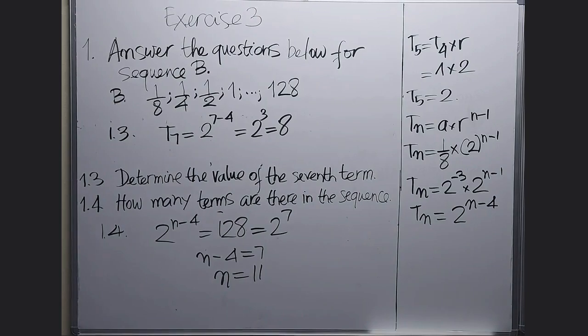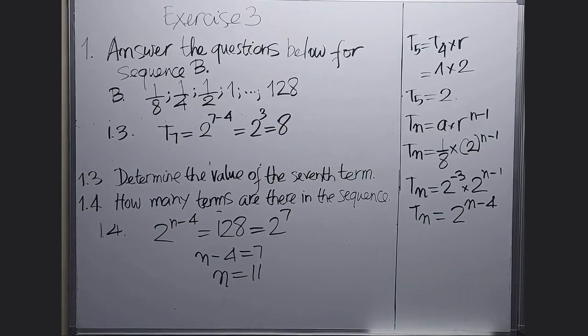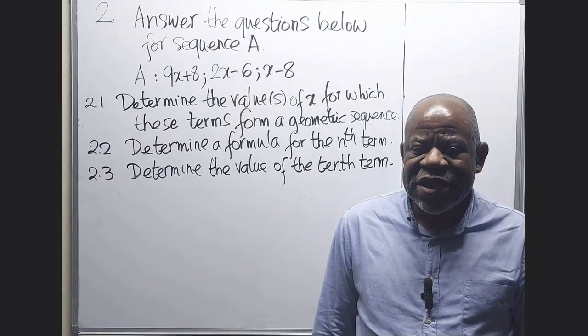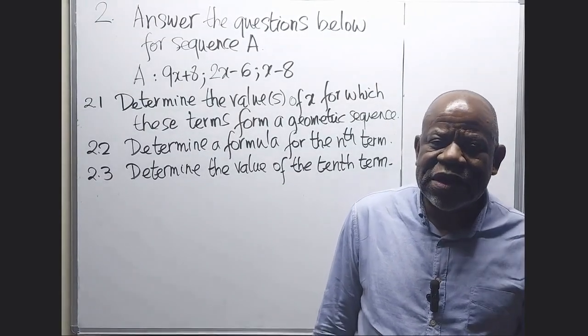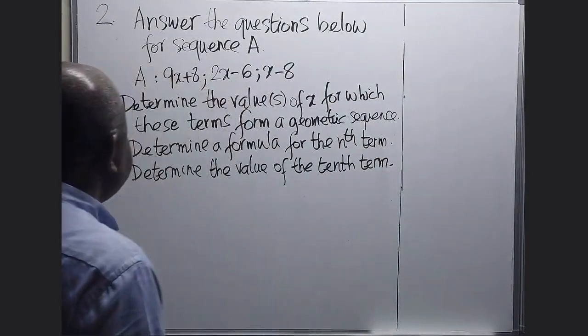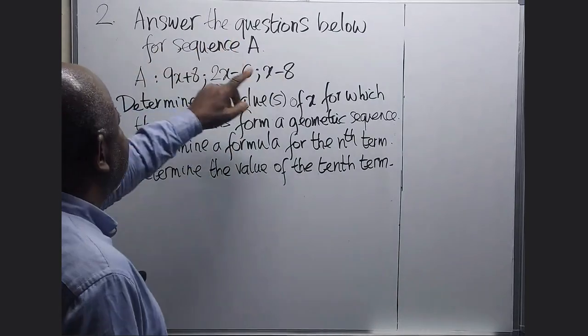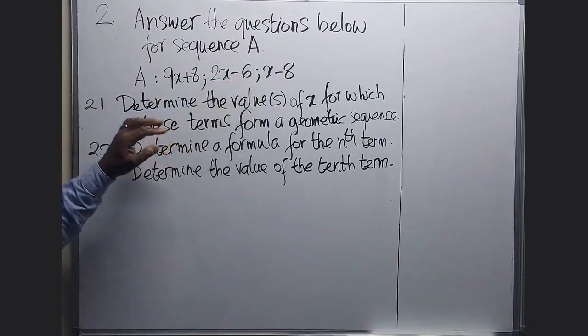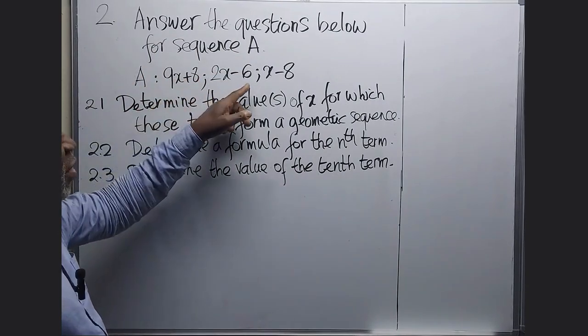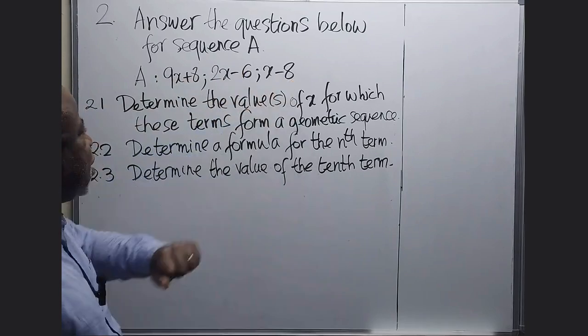exercise number 3. We're going to take another one, exercise 3, number 2. Here's the question. Answer the questions below for sequence A. Our sequence A is 9x plus 8, 2x minus 6, x minus 8.